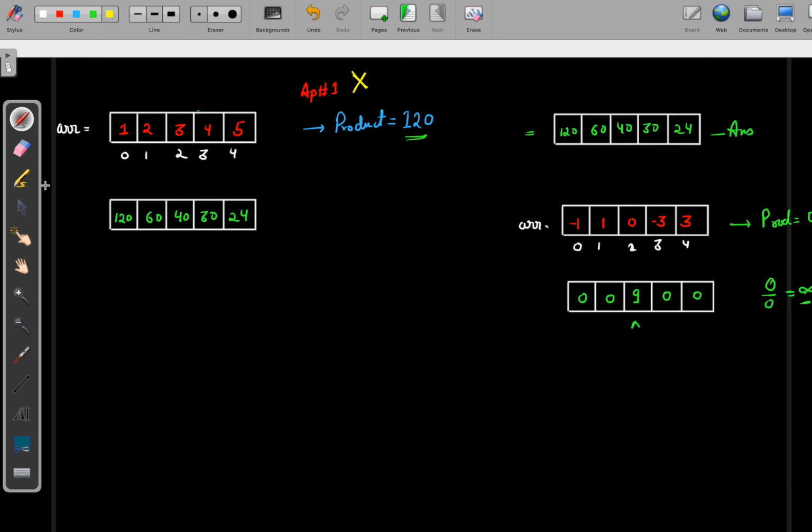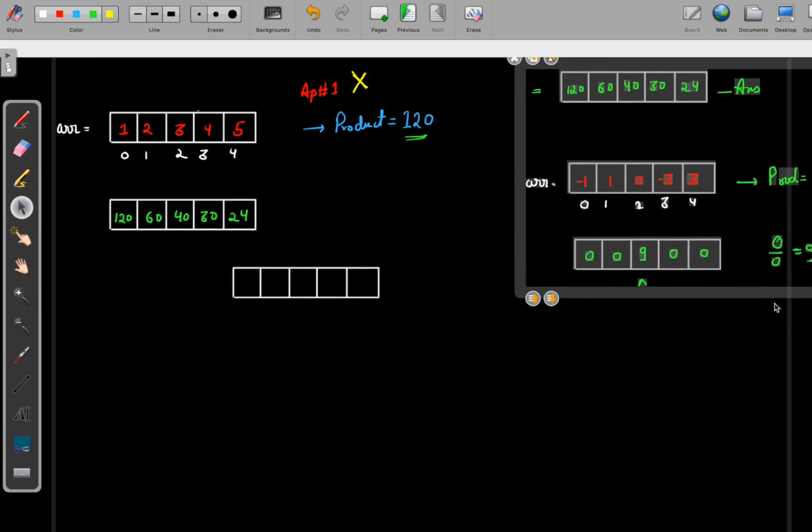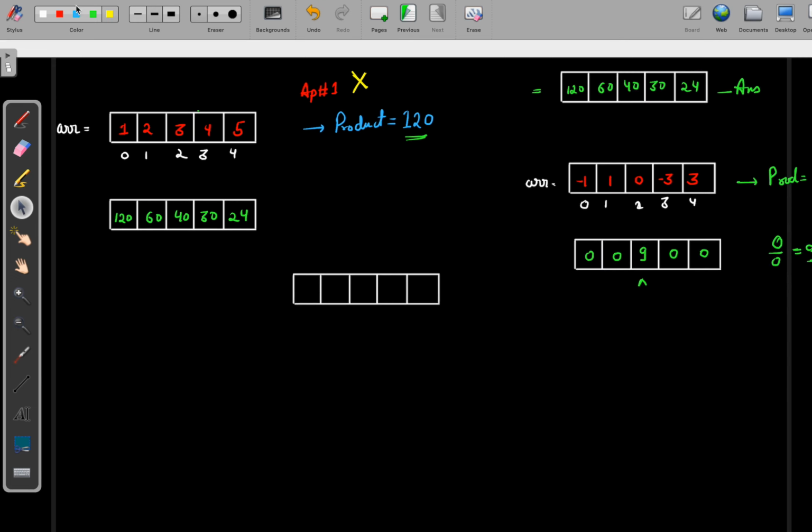Now let's see what else we can do here. Again, let's take the same example, 1 2 3 4 5. So I have 1 2 3 4 5 with my indexes 0 1 2 3 4. This is my array.